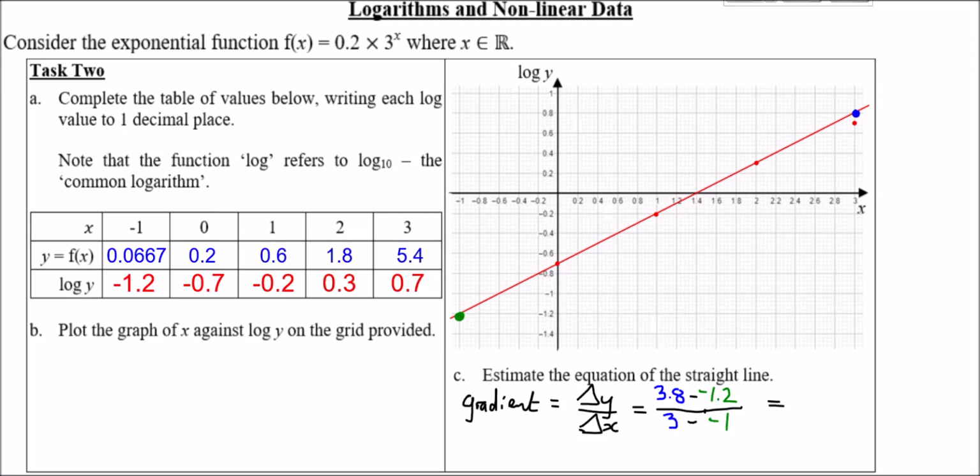Silly me. Sorry, 0.8, not 3.8. I don't know why I thought of 3.8. It's 0.8. Apologies. So yeah, that's correct now. So this top bit here becomes 2. And 3 minus -1 is 4. So the gradient's about 0.5.